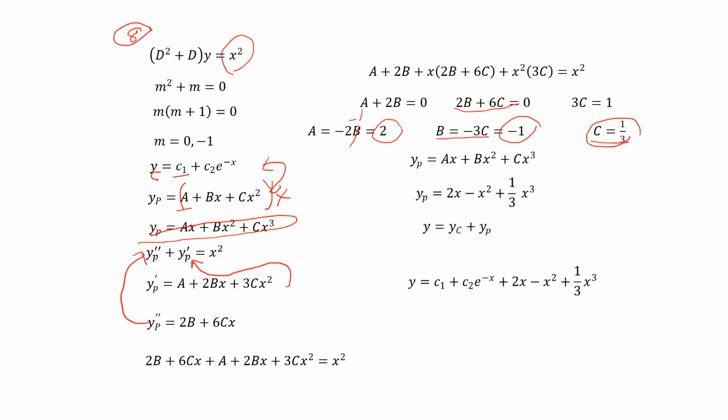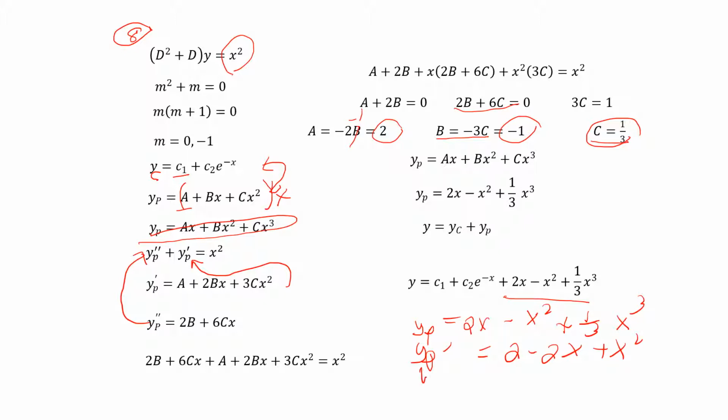Now let us verify this term here. Now remember our yp is 2x minus x squared plus 1/3 x cubed. Now what is our yp prime? That is 2 minus 2x plus x squared.